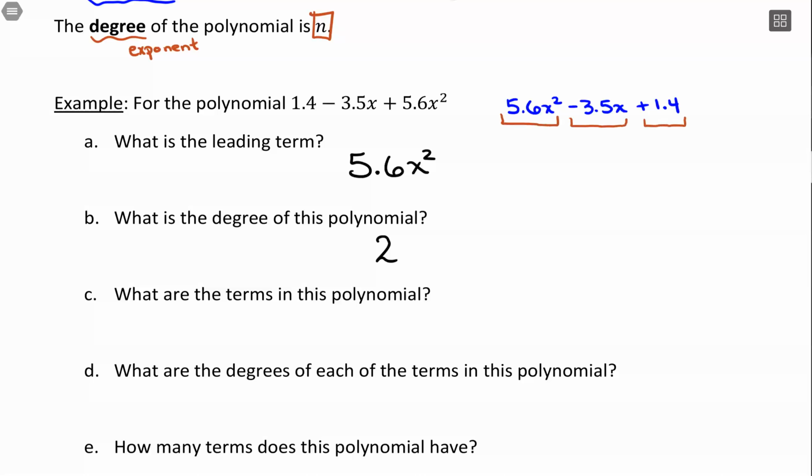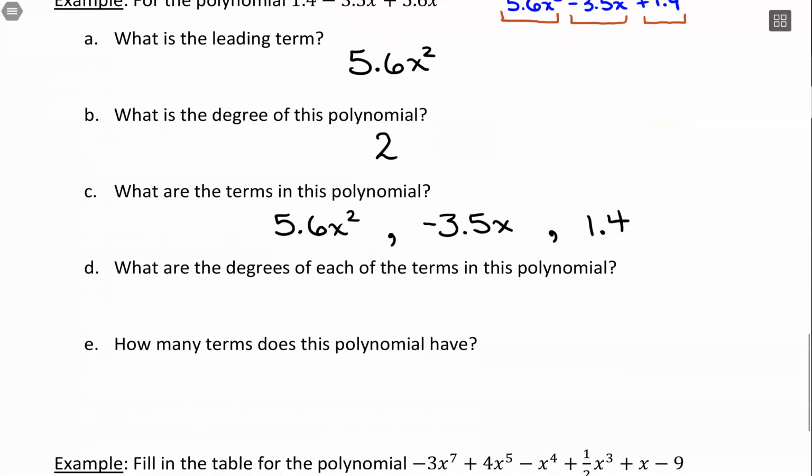So we have the 5.6x squared. That's one term. Another term with subtraction between it, we detach the negative, so that'd be a negative 3.5x is another term. And our last term would be this positive 1.4. We don't need to put the plus symbol, just write it as positive 1.4. So those are our three terms.